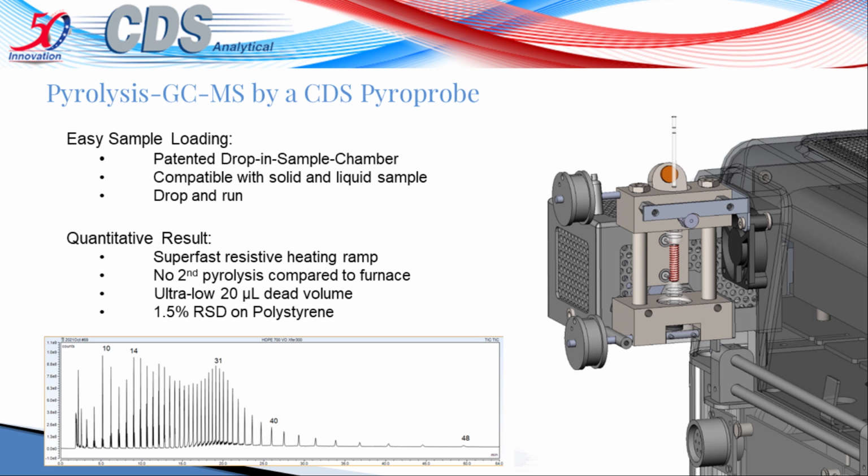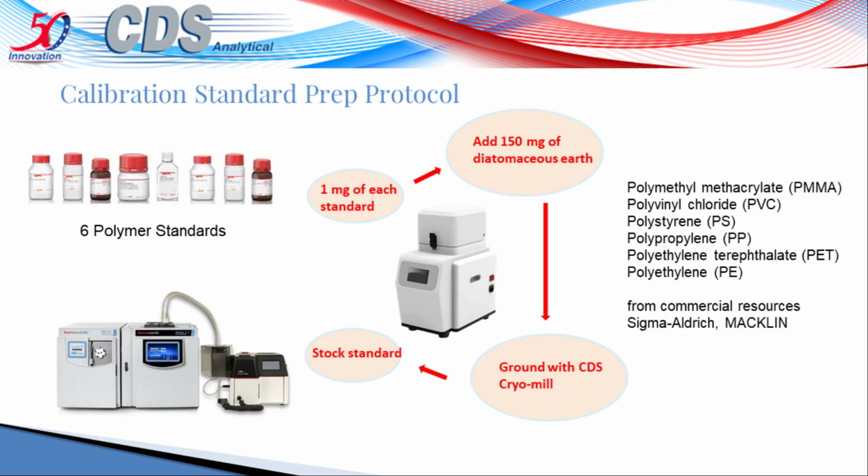This platinum filament is wrapped around a quartz chamber, which we call the drop-in sample chamber, and that can quickly heat to the set point. So this rapid heating, along with the precision placement of the sample and the low dead volume of the pathway, leads to really sharp peaks, excellent pyrolysate transfer, and low RSDs.